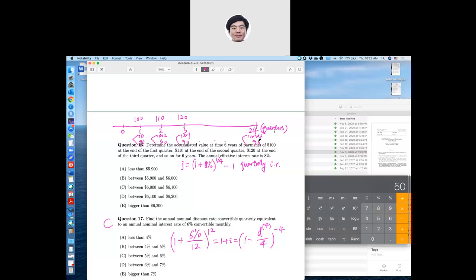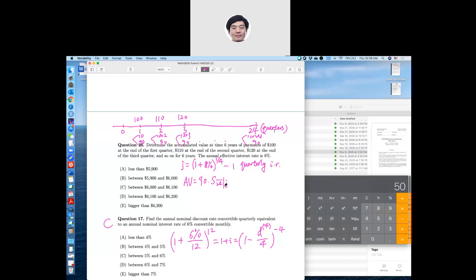I want accumulated value. So I have 90. This is an annuity immediate. That would be s angle 24 at J. So here 2 things changed. The first one is the number. Number is not 6 anymore. Number is 24 because my unit is quarter.